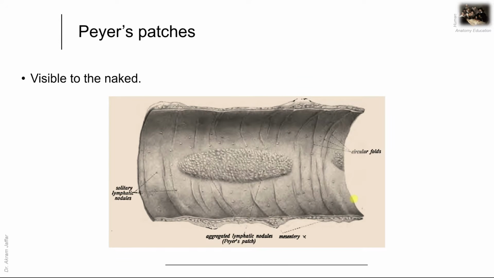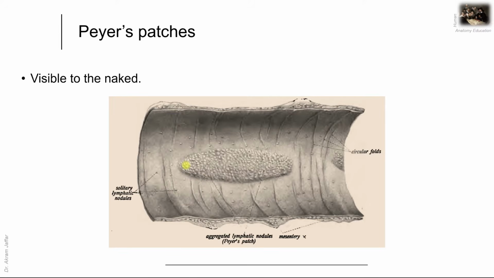The Peyer's patches are so closely related to the mucosa, just underneath the mucosa, so they can be seen from the inside of the terminal ileum. Note here that there are few plicae circulares, which is a characteristic of the ileum. These Peyer's patches can be visible to the naked eye as oval or rounded, thickened areas.